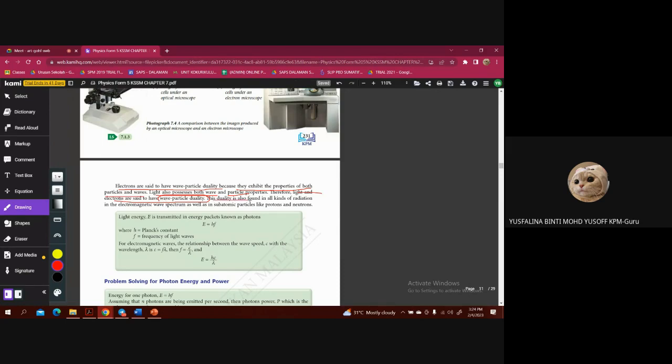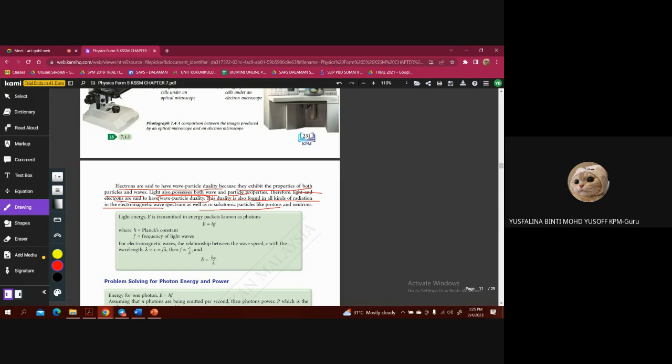This duality is found in all kinds of radiation in the EM spectrum that we learned: gamma, radio wave, visible light. All of those also obey this wave-particle duality, as well as subatomic particles such as proton, neutron, electron. They also can act as a wave and also as a particle.